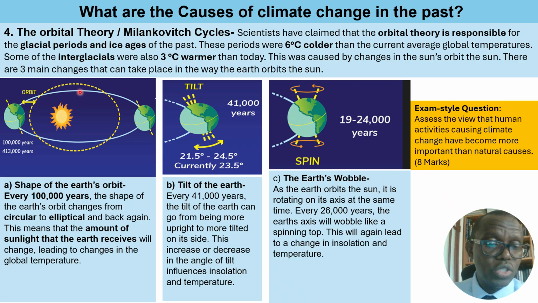So the natural causes being volcanic eruptions, asteroid collisions, sunspot activity, or the Milankovitch cycles. So that is what you'd be discussing there, and the information we've covered would be quite useful in doing that. And that's an 8-mark question.